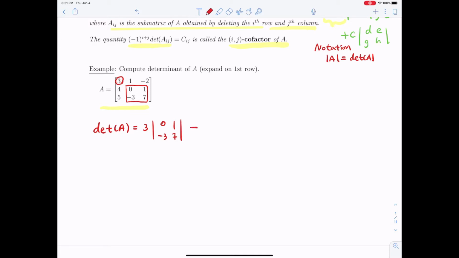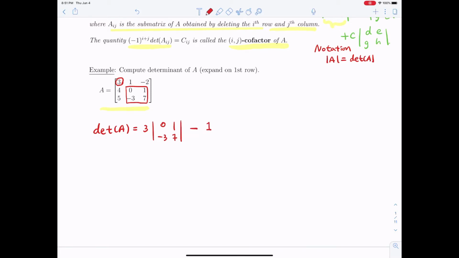And you have to subtract 1 times, so now we pick this one. And we have to delete these two things, which gives you 4, 1, 5, and 7. And plus -2. So the remaining matrix should be 4, 0, 5, -3.